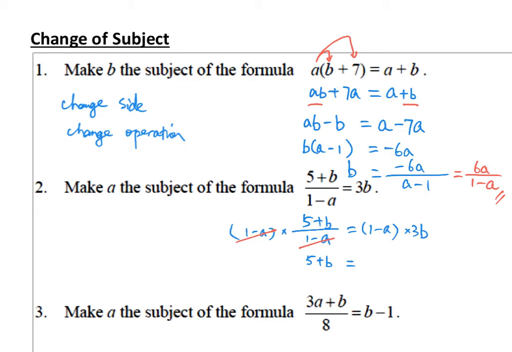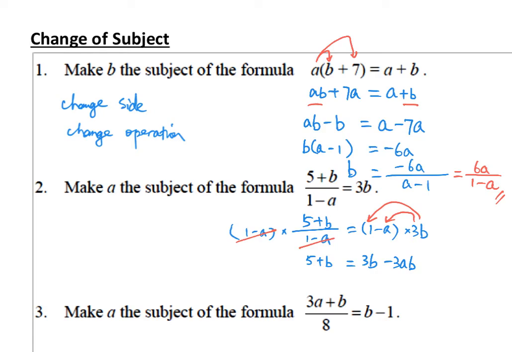On the right hand side, there's a bracket. So how to remove the bracket? By rainbow method to expand it. So 3b times 1, yeah, 3b. 3b times negative a, yeah, negative 3ab. Okay, no more denominator, no more bracket.